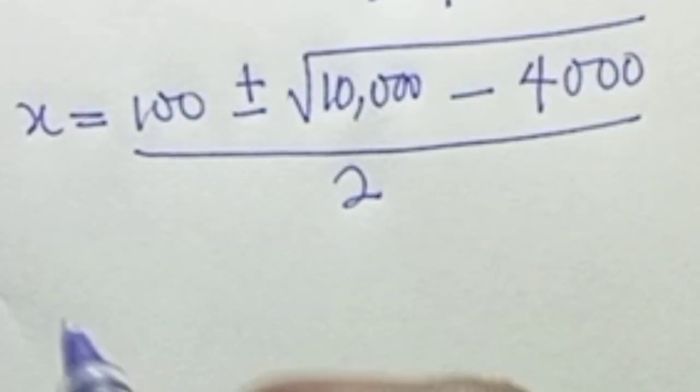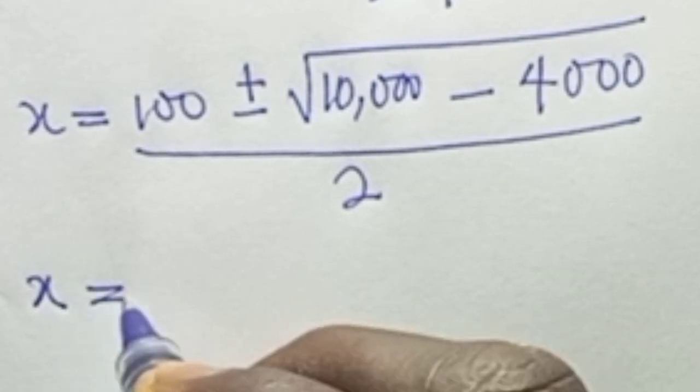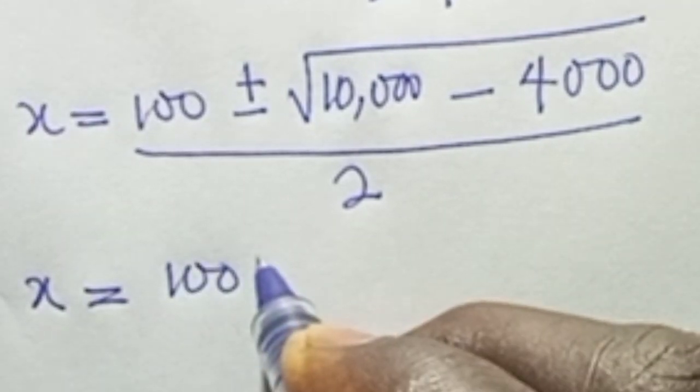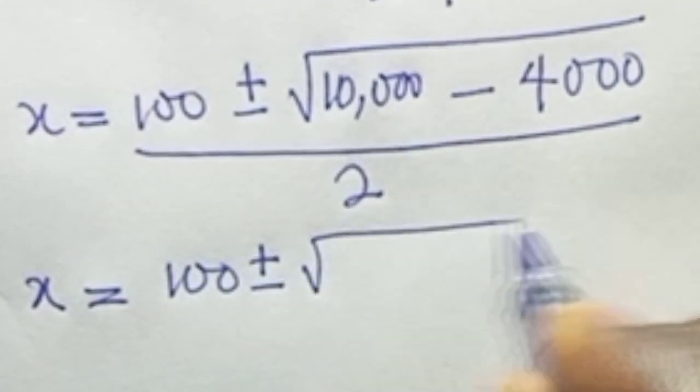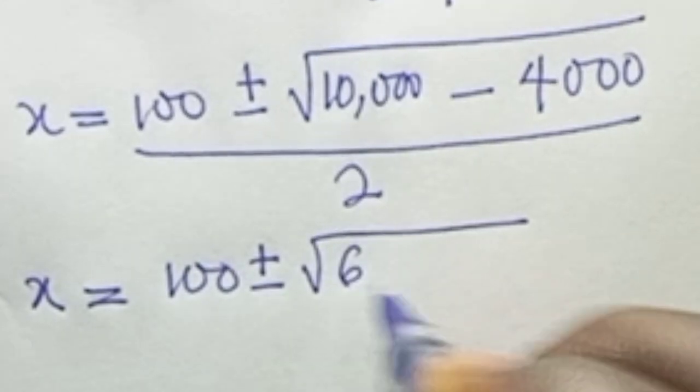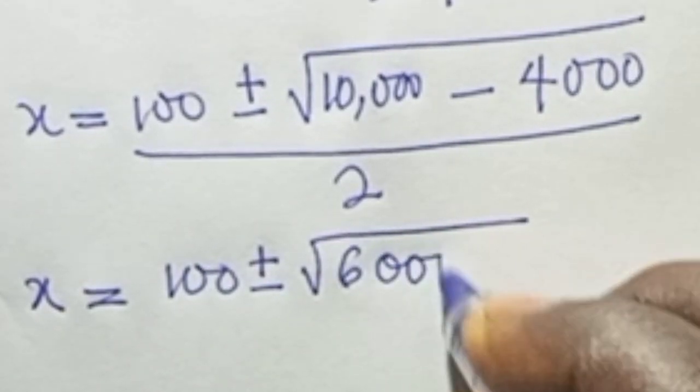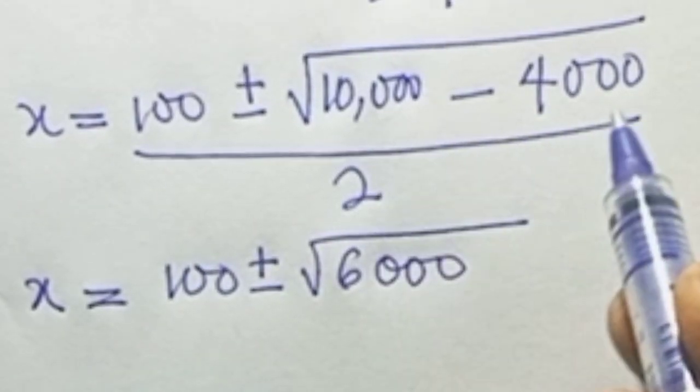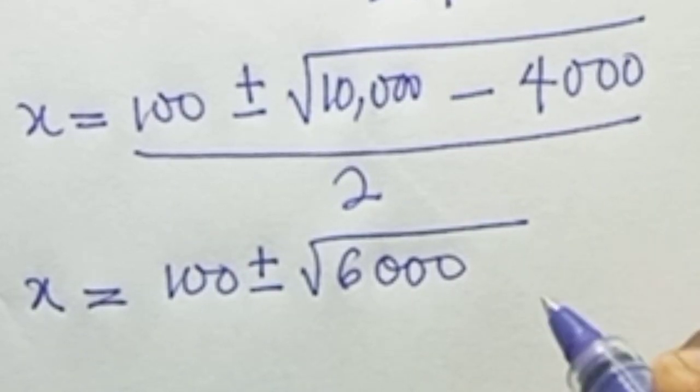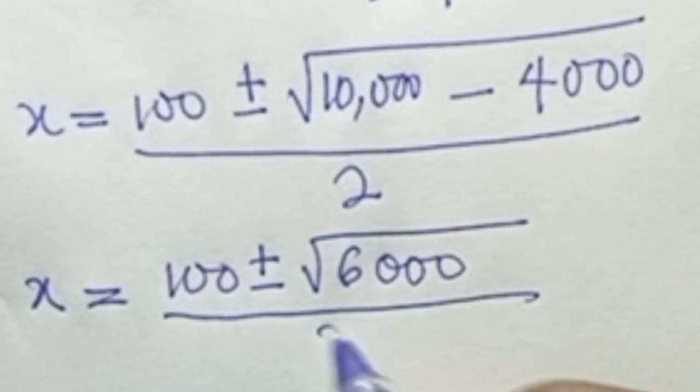So if we solve this further, we'll have x equals 100 plus or minus square root of 10,000 minus 4000, that is 6000, all over 2.